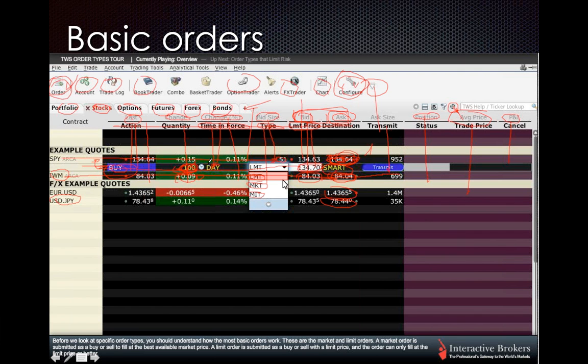The time enforced by definition is day, but you can change it to good till cancel, and then you need to choose the type. So the basic order will be limit order, or you can choose market order or market if touched, or any other orders which are available on this specific market and this specific product, because there are 50 different types of orders and not all of them are available on the market.